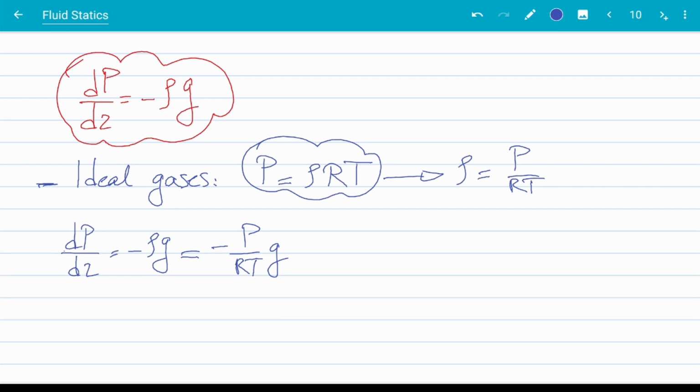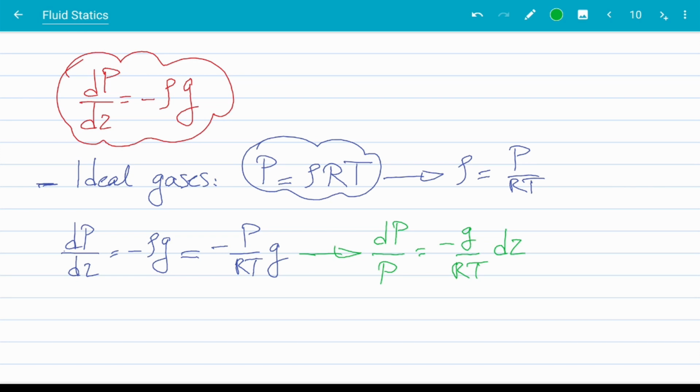Now I need to separate the variables. I need to bring the p from the right hand side to the left hand side and move dz to the right hand side. Doing so gives me dp over p is equal to negative g over RT dz.